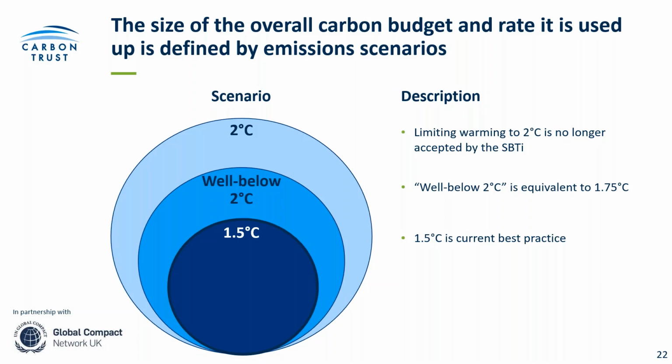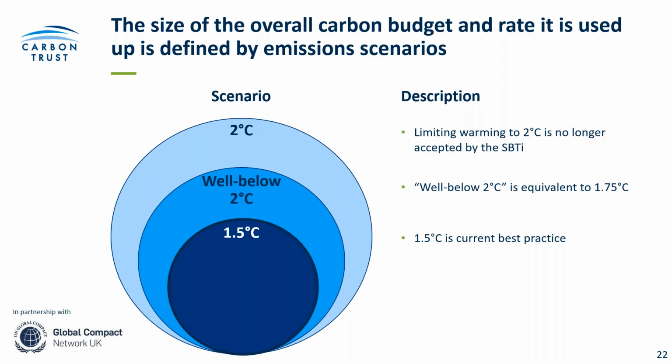Next slide, please. In terms of the size of the overall carbon budget and how it's used, it's defined by different emissions scenarios. There are a number of scenarios that the IPCC, IEA, and others have put together, working with the Science-Based Targets Initiative. There is a 2 degrees scenario, that's no longer accepted by the SBTi. There is a well below 2 degrees scenario, often equivalent to a 1.75 degree warming.